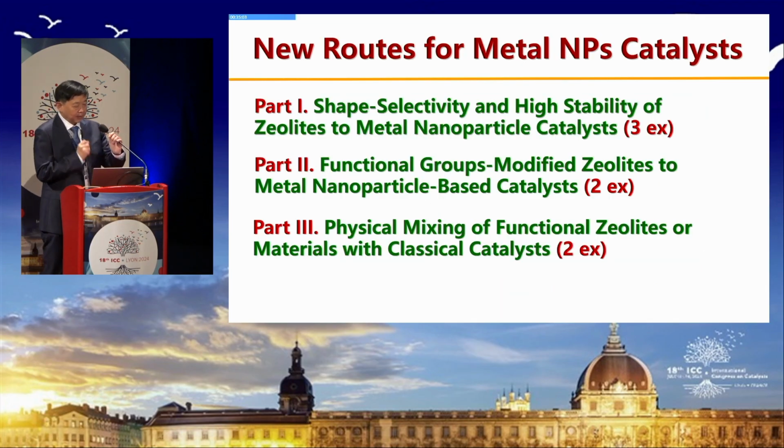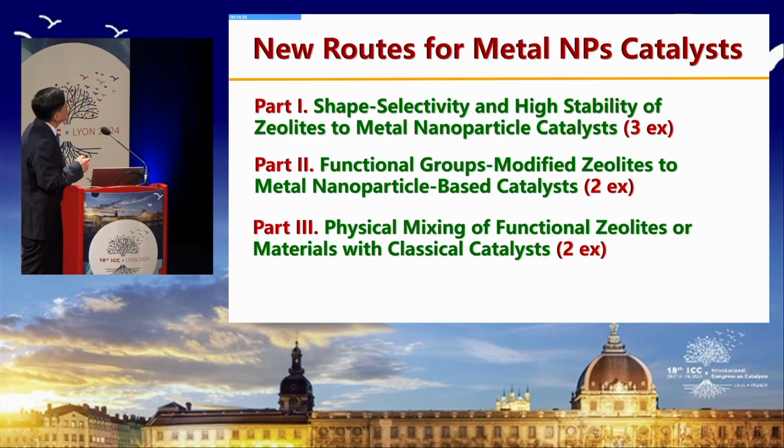After getting this material, we try to prepare metal nanoparticle-based catalysts for reactions, which show efficient catalysis. Today I show 3 parts for the efficient catalyst. The first is to use the shape selectivity and high stability of zeolite to give metal nanoparticle catalysts.